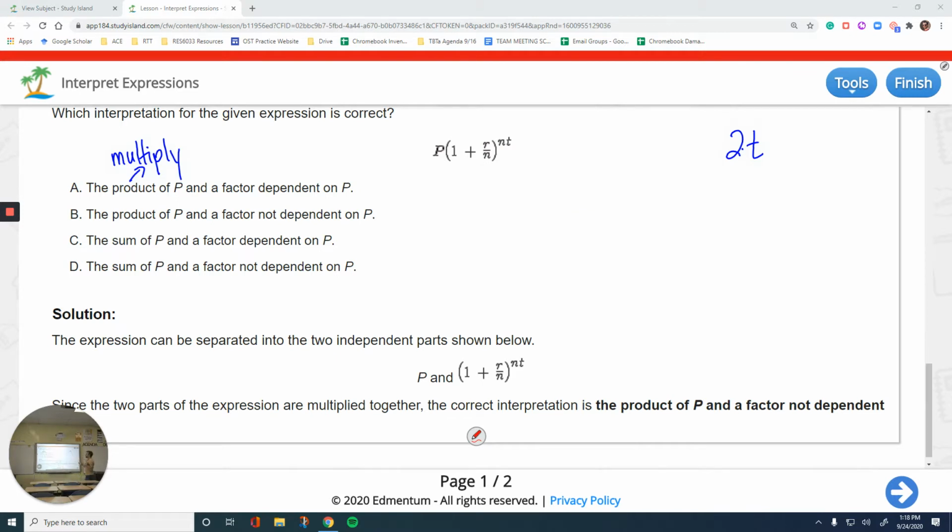Okay, so let's see the first answer: the product of p and the factor dependent on p. Factors are expressions that you multiply by another thing.